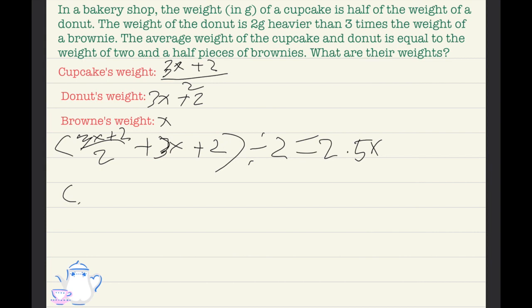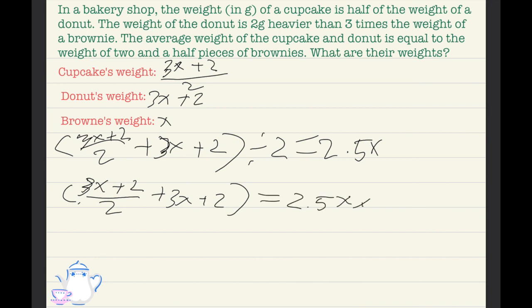So 3x plus 2 over 2, and then everything is the same. Then equals 2.5x times 2 equals 5x. We can deal with the stuff in the brackets.